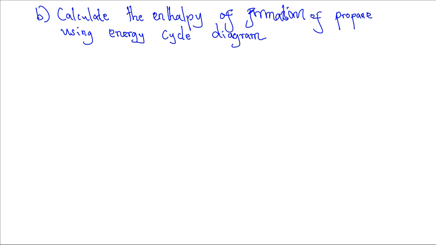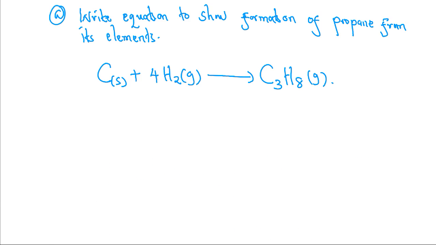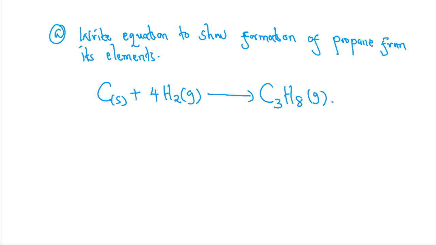So we start by having the energy cycle diagram, then we do the calculation. So that is carbon plus, first of all, this equation has to be balanced. Very important by having there 3.